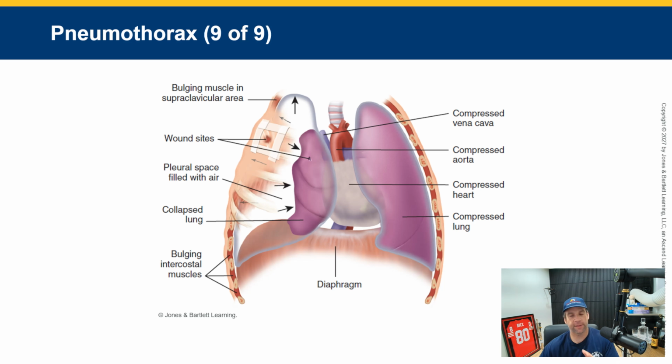The pressure is also pushing inward toward the mediastinum, so the heart and major blood vessels are displaced and compressed. The vena cava is particularly important because compression limits the blood's return to the heart. Even if the heart muscle is uninjured, it can't maintain adequate output when it isn't receiving enough blood.